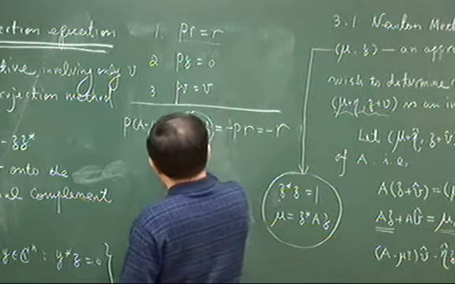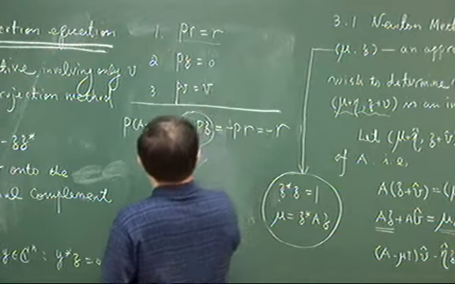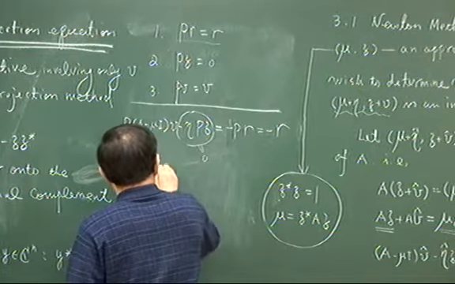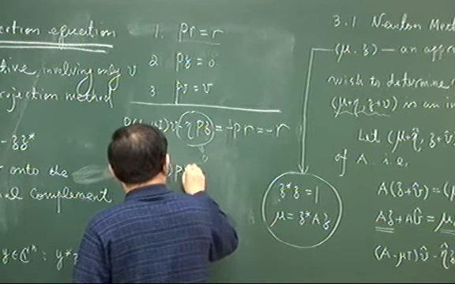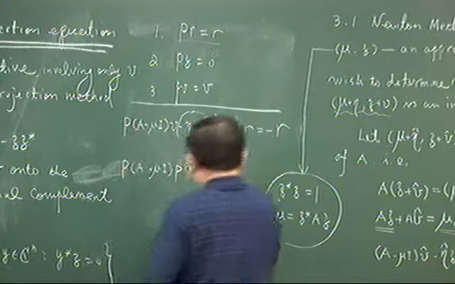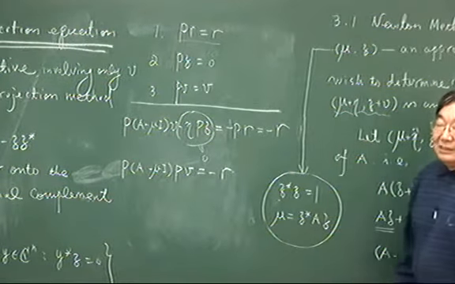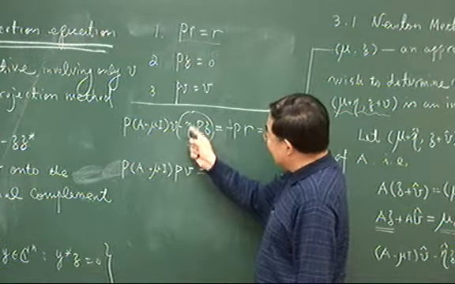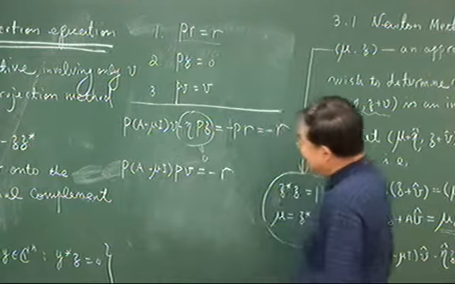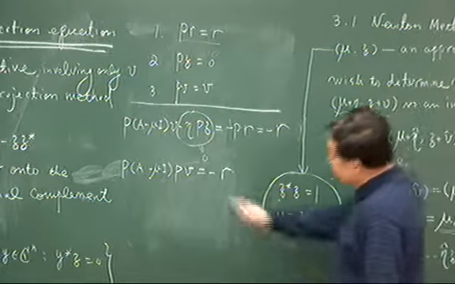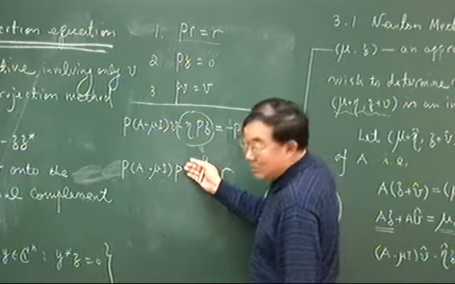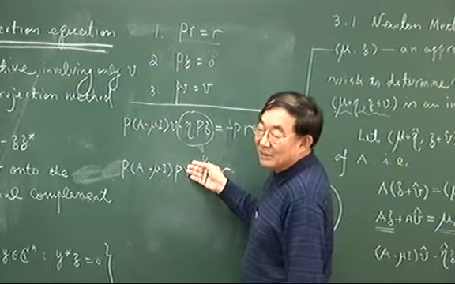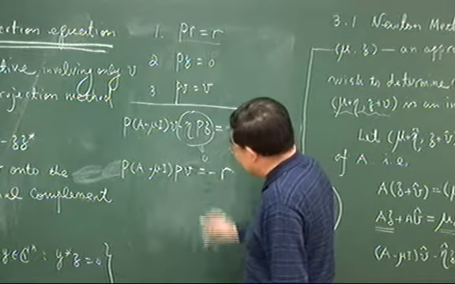Then we use these properties, so we got P(A − μI)P y equal to R. It doesn't involve the η. If A is symmetric, this matrix is still symmetric.